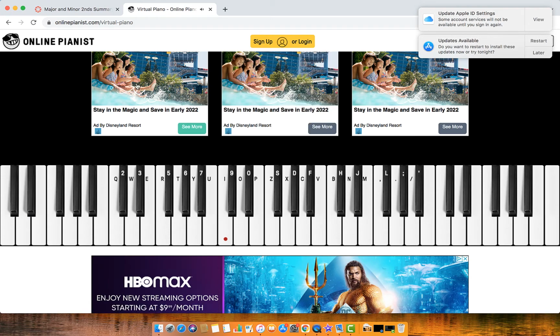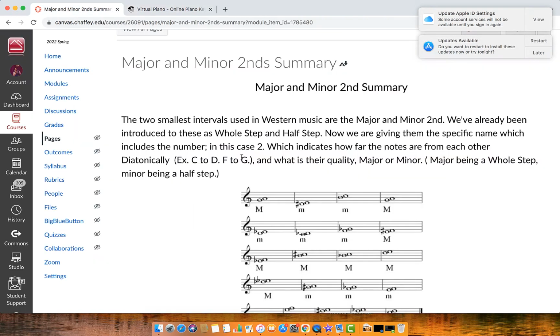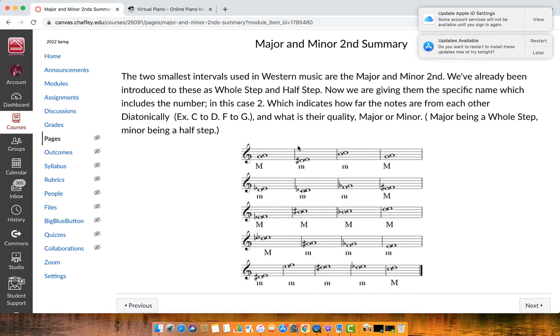So there's two main kinds of seconds. We have the major second, which is a whole step, and the minor second, which is a half step. Okay? Now these are all spelled diatonically, which means, by the way, that big M is major, little m is minor.